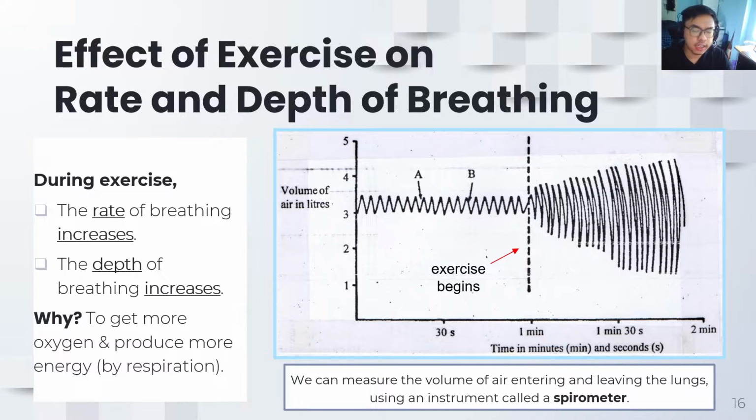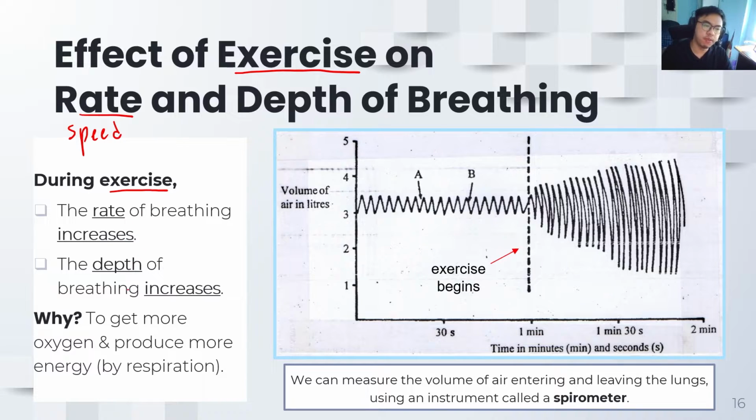The final thing we're going to talk about in this topic, and this is probably something different, is the effect of exercise on the rate, or the speed, and depth of breathing. So when we exercise, what happens to our breathing? You have probably experienced this before: during exercise, the rate of breathing increases.